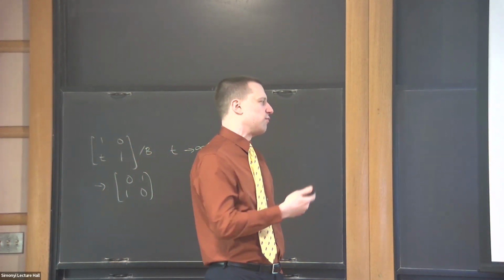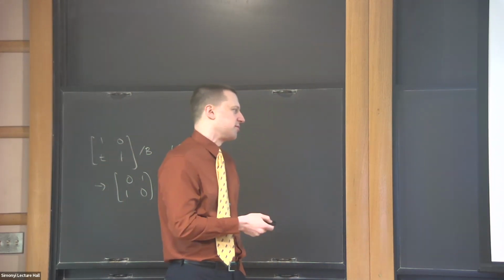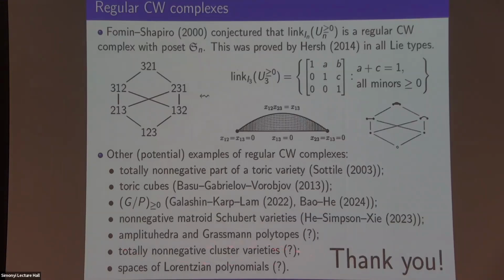So there's a question of what kinds of semi-algebraic sets. If you have a cluster algebra and you set all the cluster variables greater than or equal to zero, that's a semi-algebraic condition. But does this give you a regular CW complex always? Or can you do it more generally, or does it have to be less general?